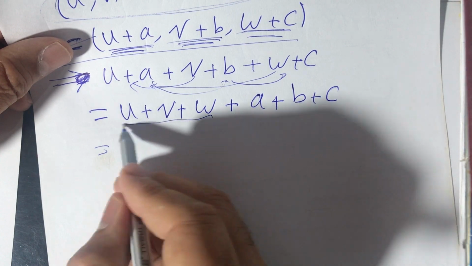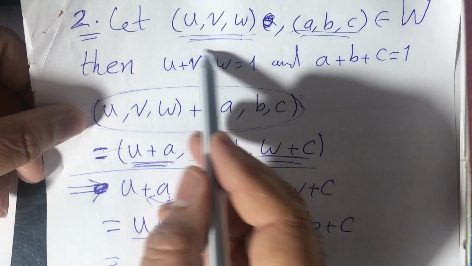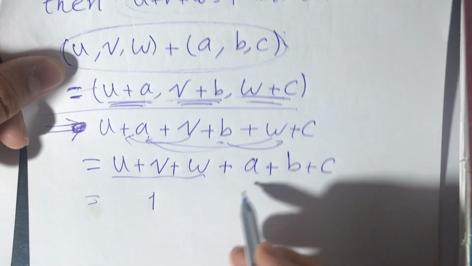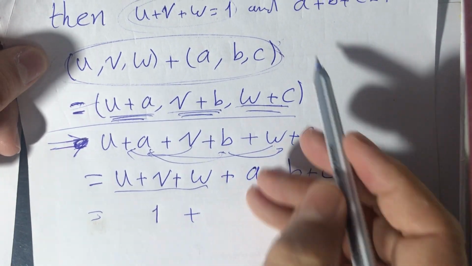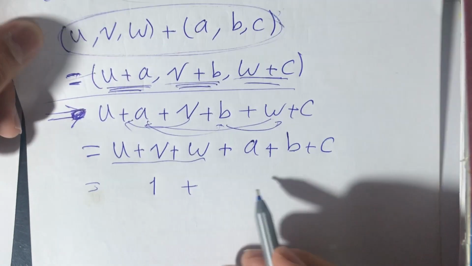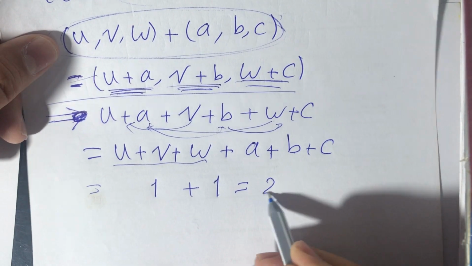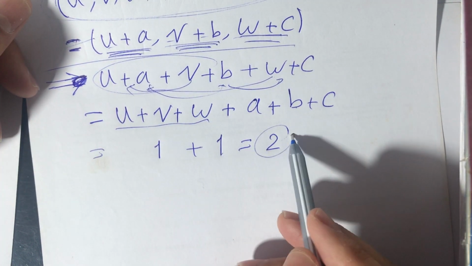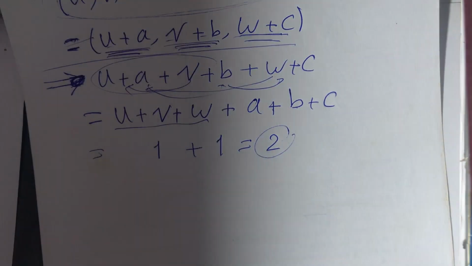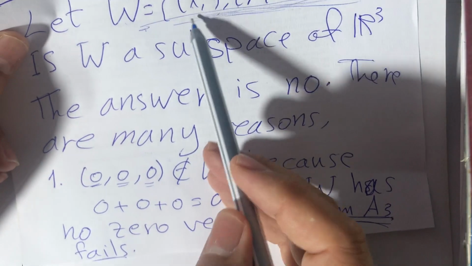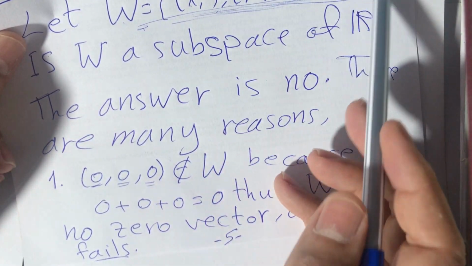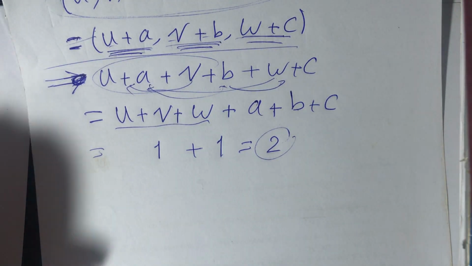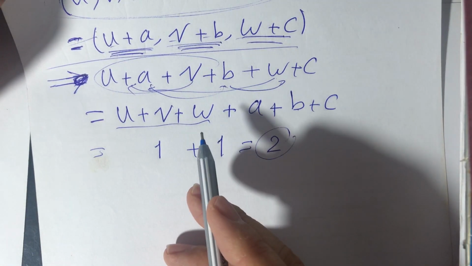This is u plus v plus w equal what? Equal 1. And a plus b plus c also equal to 1. And so this is equal to 2. So the sum of all arguments equals 2, but in the definition of W, the sum of all brackets must equal 1. So this doesn't belong to W.